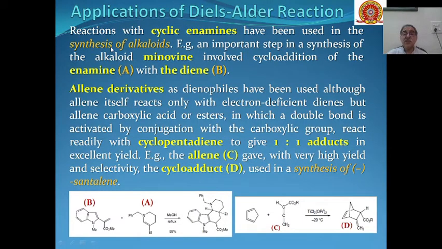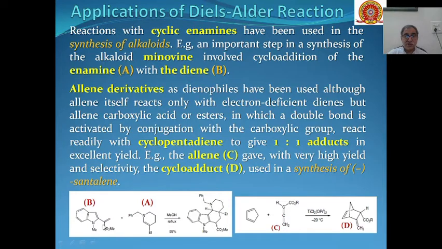Then reactions with cyclic enamines have been used in the synthesis of alkaloids. So if you see this example, the synthesis of the alkaloid minovine is involved through cycloaddition of an enamine with the diene. So this is your enamine, and this is your diene.